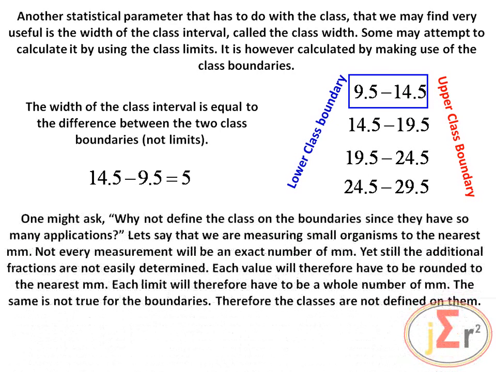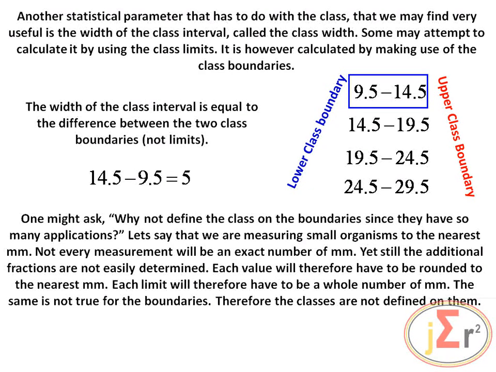One might ask, why not define the class on the boundaries since they have so many applications? Let's say that we are measuring small organisms to the nearest millimeter. Not every measurement will be an exact number of millimeters.